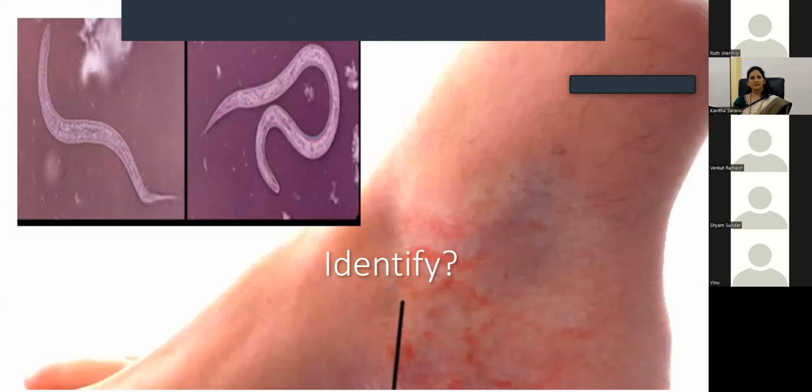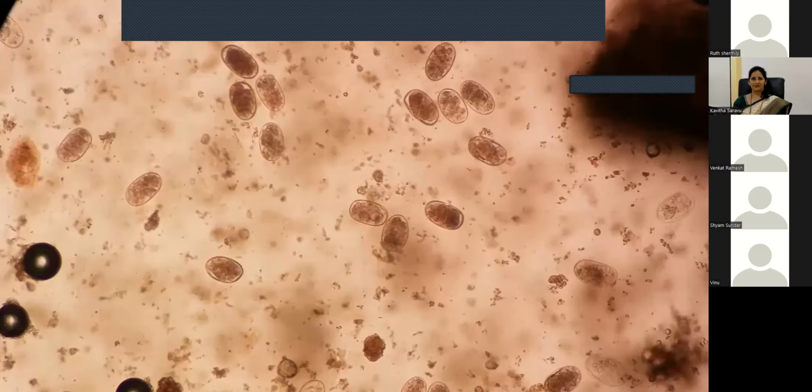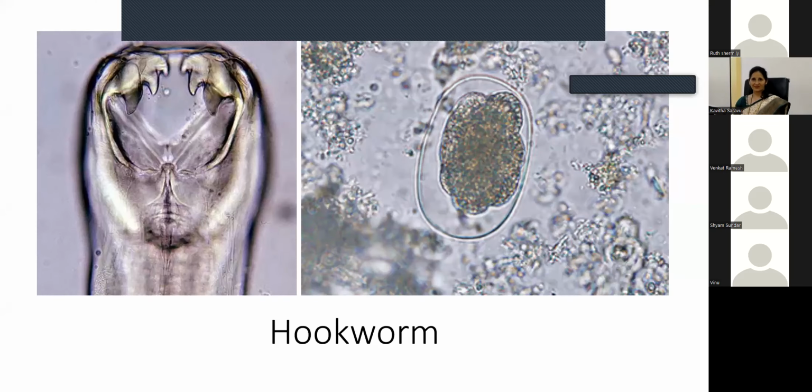So if you can identify which worm I'm showing here, you can see the X. Okay, Dr. Venkat Ramesh has already shown the X, right? So you can know what I'm talking about. I'm talking about hookworm. If you see the adult on the left side of the picture, you can see 2 pairs of big teeth.